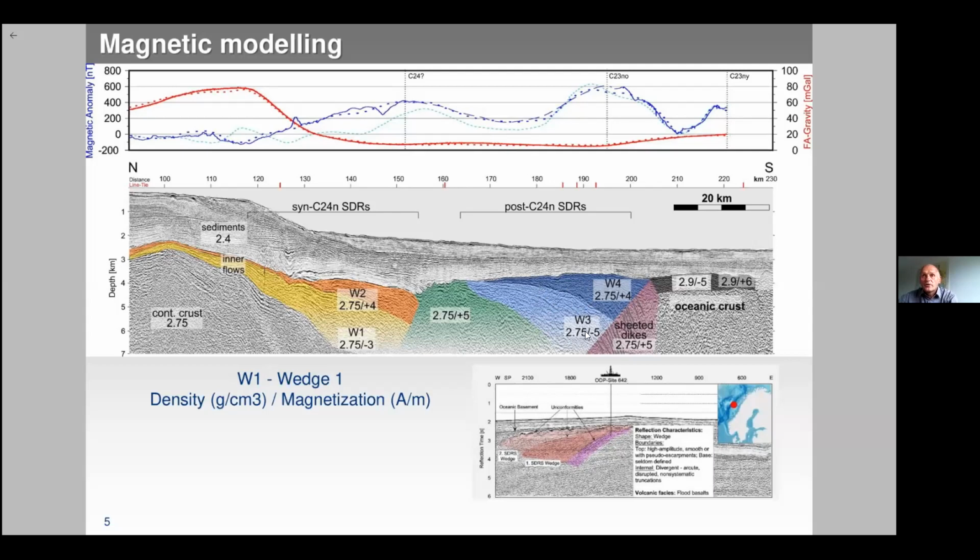One might argue that the magnetization, we had here a negative and a positive on top, models to fit the lineation of this may be varying. This is a non-unique solution, but it is clear that the magnetic signal is coming from that depth and therefore from the SDRs.